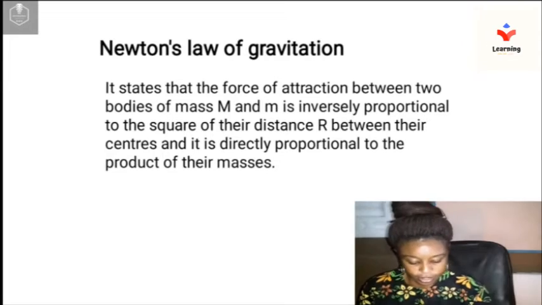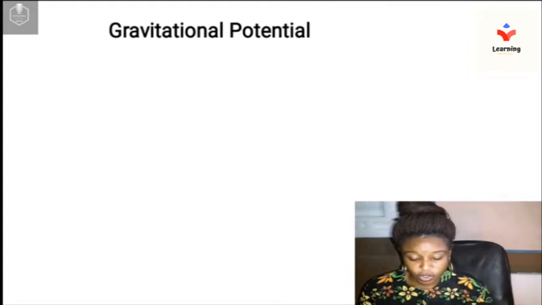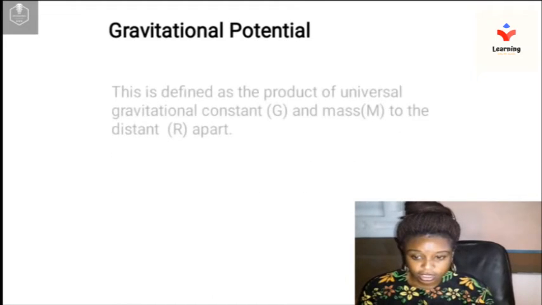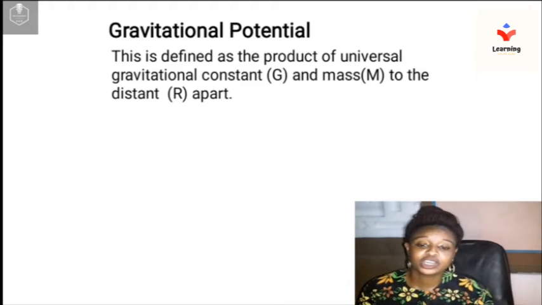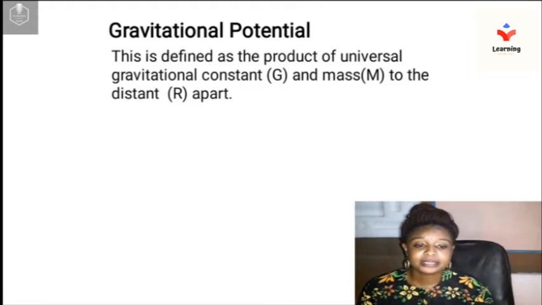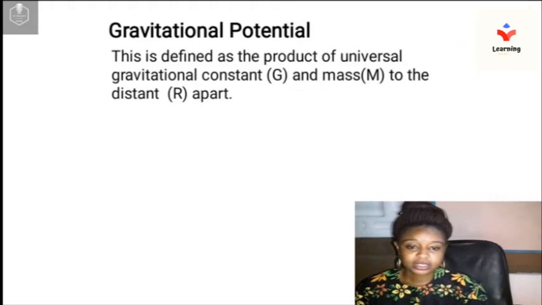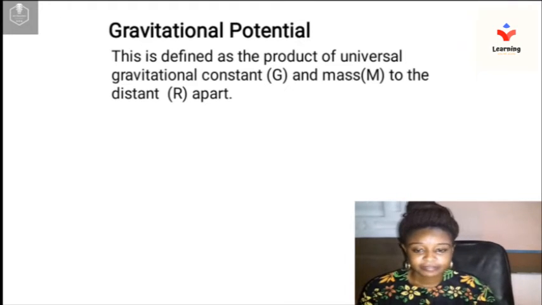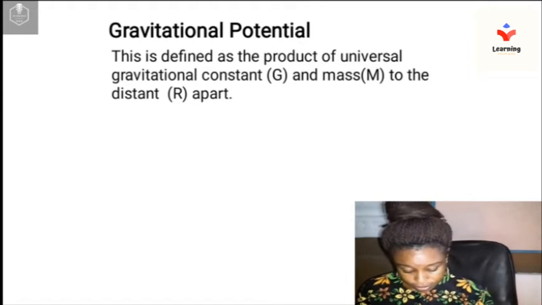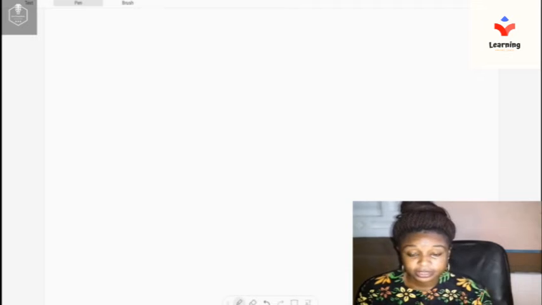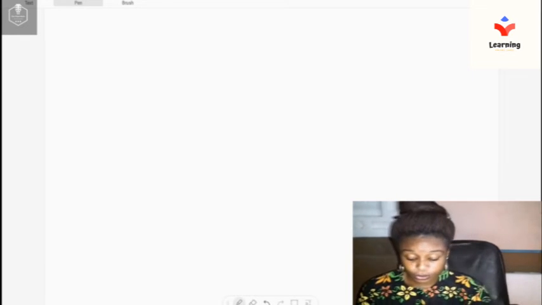From there, we go to what is known as gravitational potential. What is gravitational potential? Gravitational potential is defined as the product of the universal gravitational constant and mass divided by the distance r apart. From there we get the mathematical representation of gravitational potential.